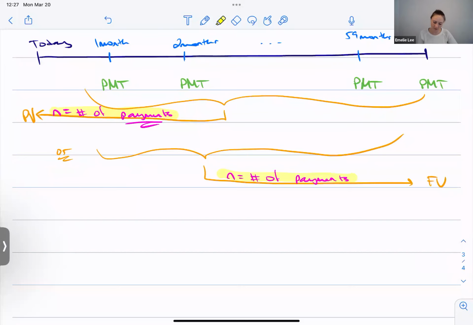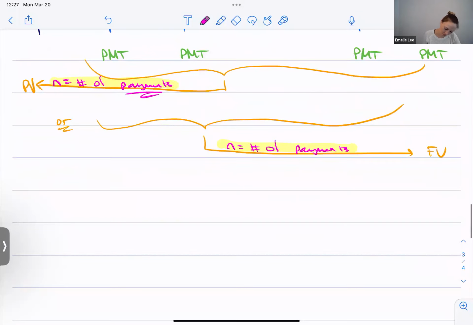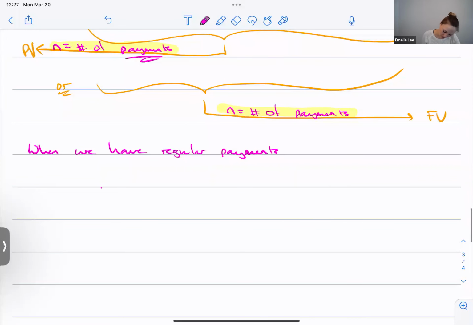And so really what happens is when we have regular payments, N is the number of payments, right? So N is the time times F2. Okay.